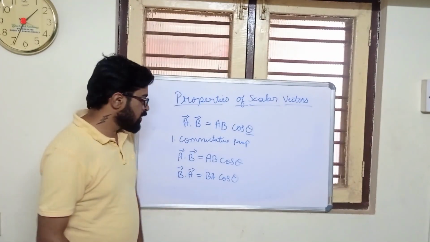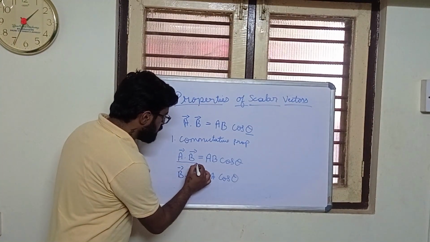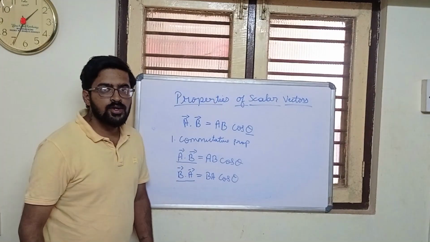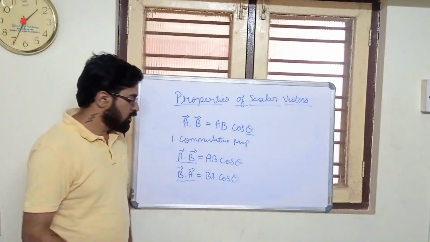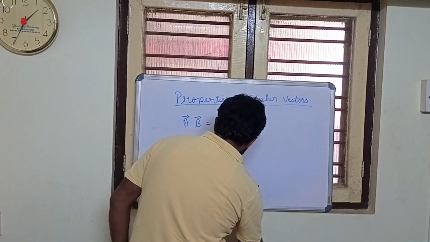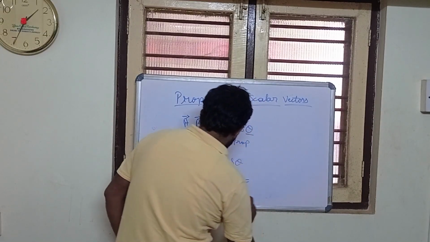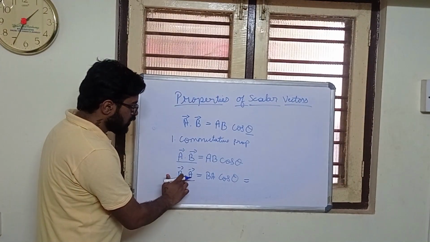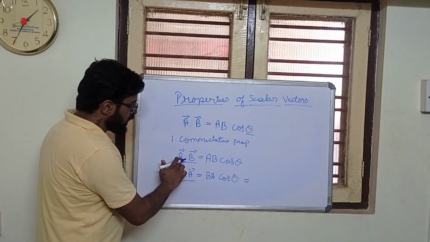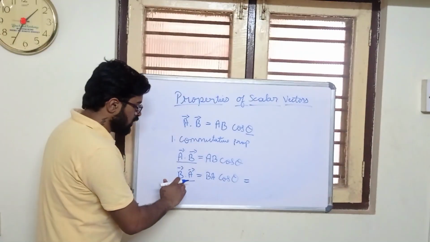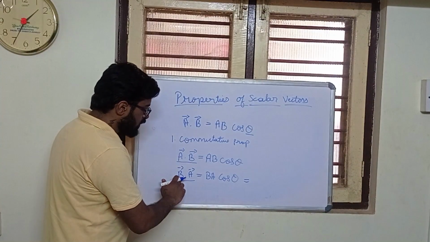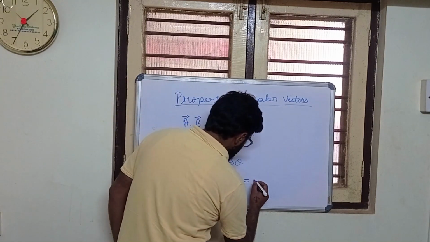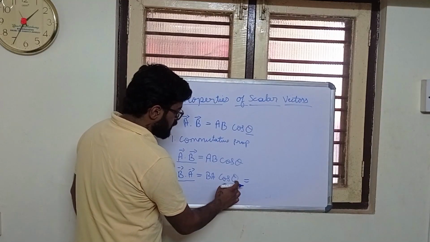So you may wonder that the value of A dot B will be different from B dot A. You may wonder this, but it's not. Let's see. The dot product of vector B with vector A will be the same. Vector B dot vector A will be equal to BA cos theta.